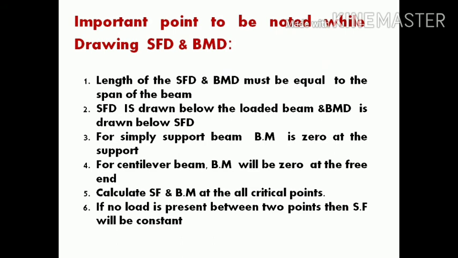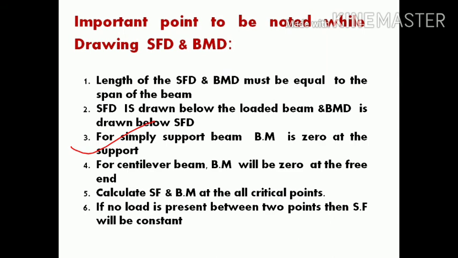Next, for a simply supported beam, the BM is 0 at the supports. When finding the bending moment at a fixed point, suppose the load is W and the reactions are RA or RB, whatever may be.